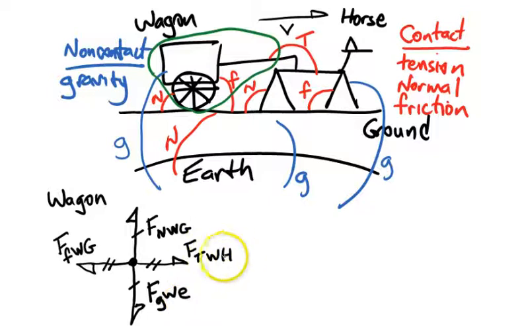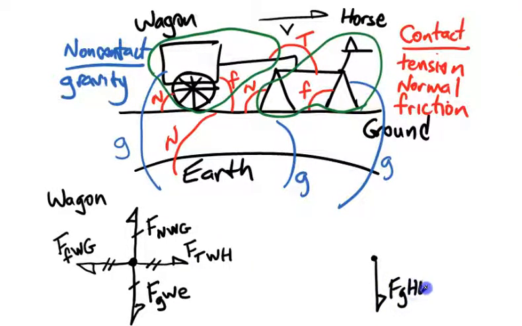Just want to show you one other item in here. If I were to draw a force diagram for the horse, okay, again, I could enclose the horse. In this case, I would have the force of gravity on the horse from the earth.